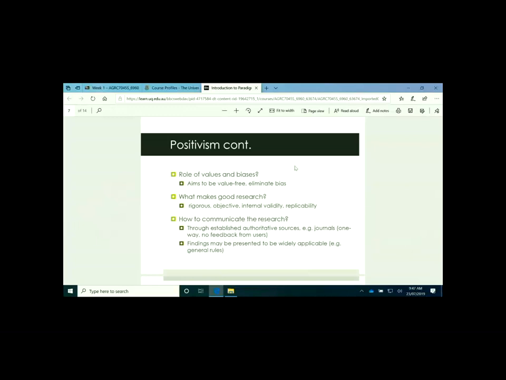Well, typically we communicate research under this value through established authoritative sources, things like journals, publications. And typically this means that we see communication as one-way communication. So the researcher, as the person who knows everything, communicates that in a one-way fashion to an audience who's usually unknown. Okay?